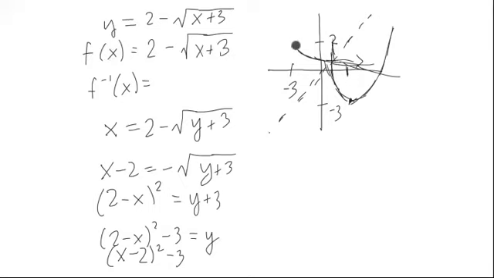If we reflect this right here across this line, we should get this, and we should get this up here. So we should get this part of the parabola. But there's a problem. We also see this part hanging out over here. It's actually too much.